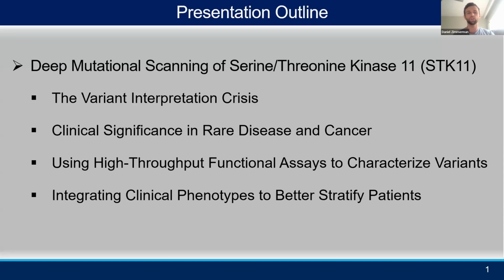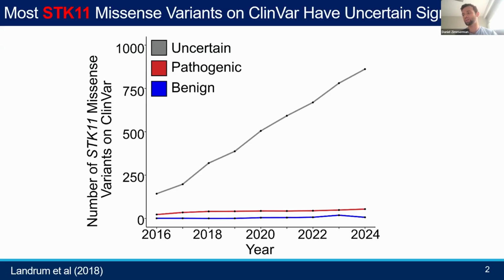classification. So here, I've pulled data from ClinVar, a database of clinical variation. On the y-axis, I'm showing the number of unique missense variants that have been seen in STK11, and the x-axis is years over the past decade. What should really jump out is that variants classified as pathogenic or benign have remained in relatively equal proportions over the past decade, but it's the variants of uncertain significance that have continued to progressively increase over time.